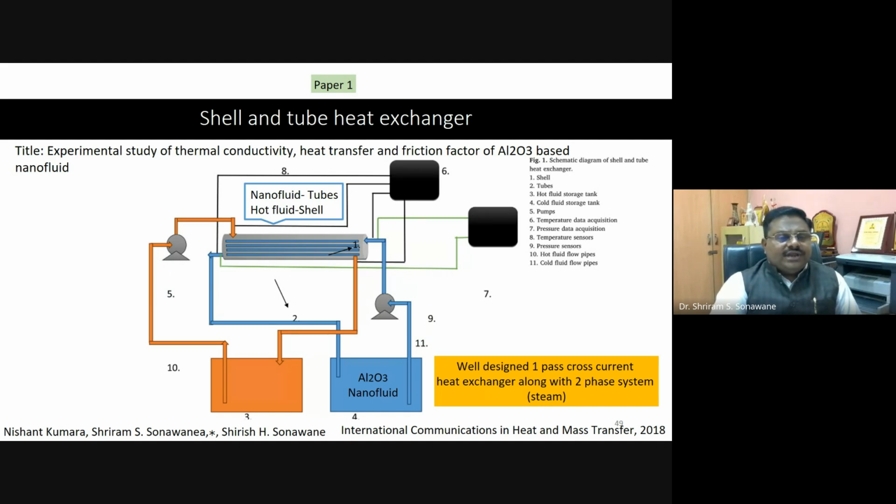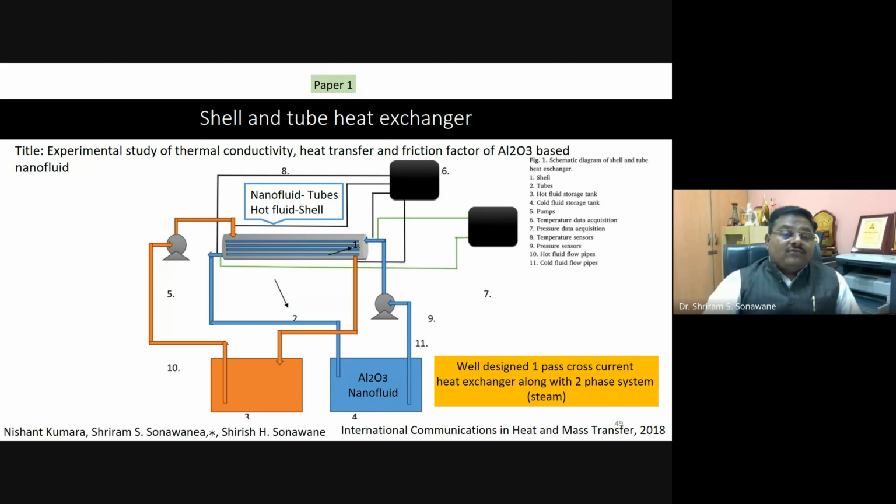They made a shell and tube heat exchanger and carried out an experimental study of thermal conductivity, heat transfer, and friction factor of Al2O3 based nanofluids. They have synthesized the shell and tube heat exchanger. This project was supported by DST, who provided us a 27 lakh grant.